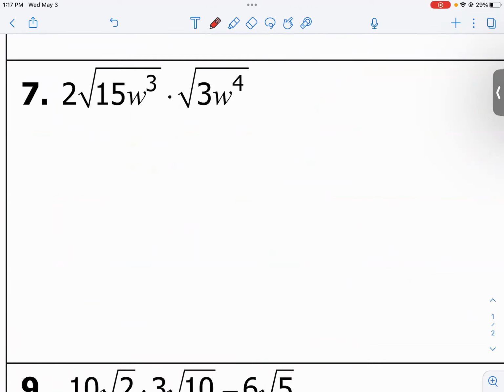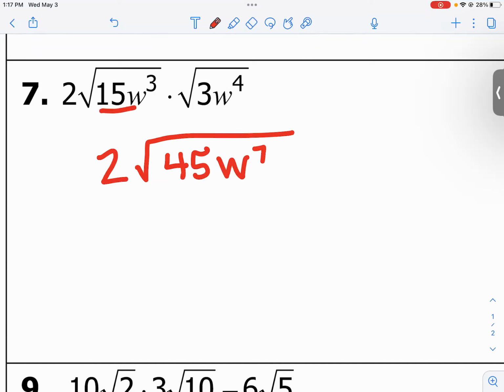Okay, red group. Red group, what do we do? W to the 7th. So 15 times 3 was 45. W cubed times W to the 4th is W to the 7th.